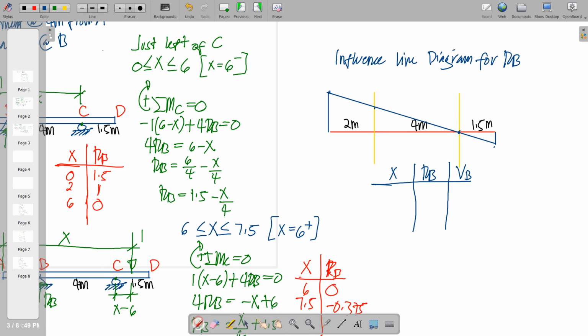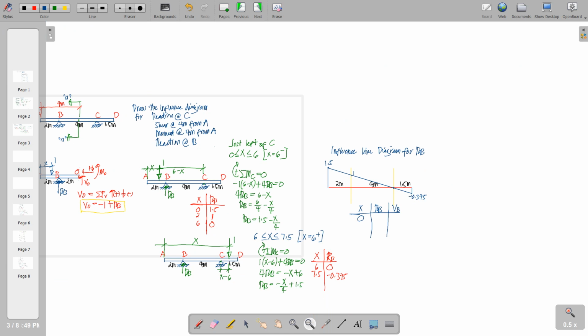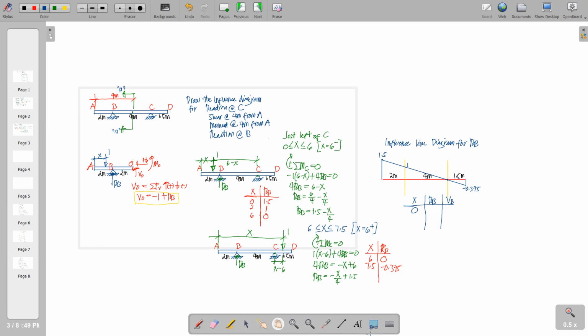Okay. So when x is 0, RB is, let us label this, 1.5, 1, and this is negative 0.375. So the start of solution is actually this one, wherein the VO is dependent on RB. So we can place this one.